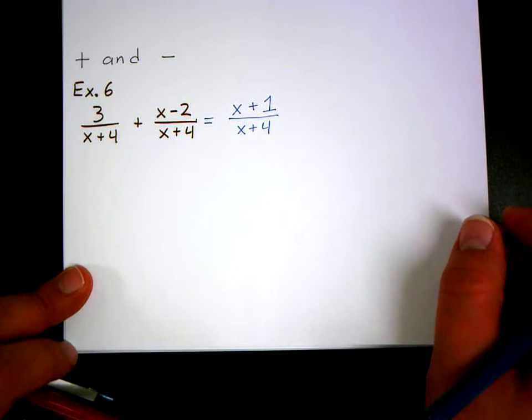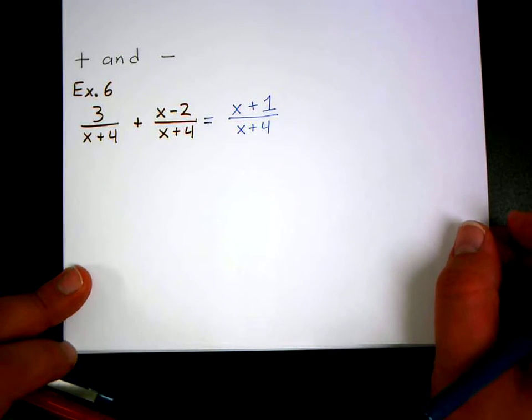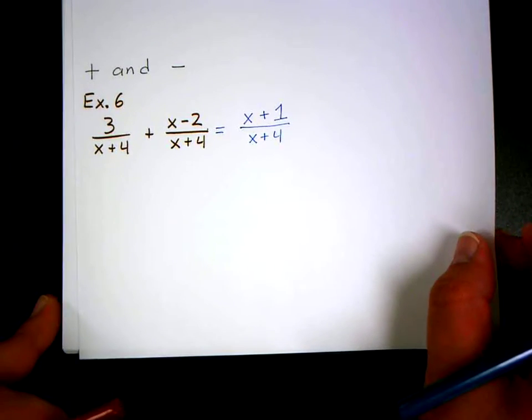The 3 and the negative 2 get added together, they turn into 1. Because I have like denominators, so all I have to do is add the numerators. Nothing. All right, we good for the next one?